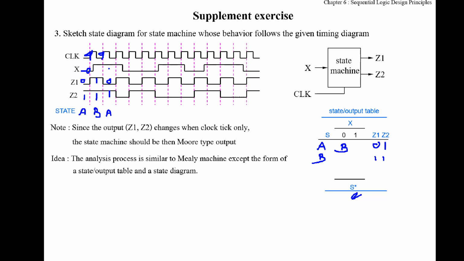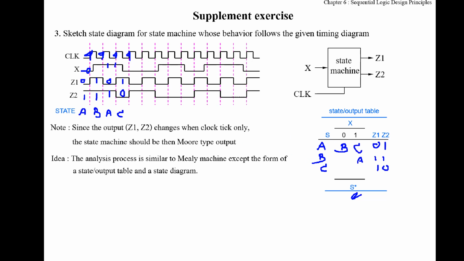So now X is 1, B goes to A. Next, clock tick. Now output is 1 0. There is no state with output 1 0, so you define a new one, state C. That means when X is 1, A goes to C.